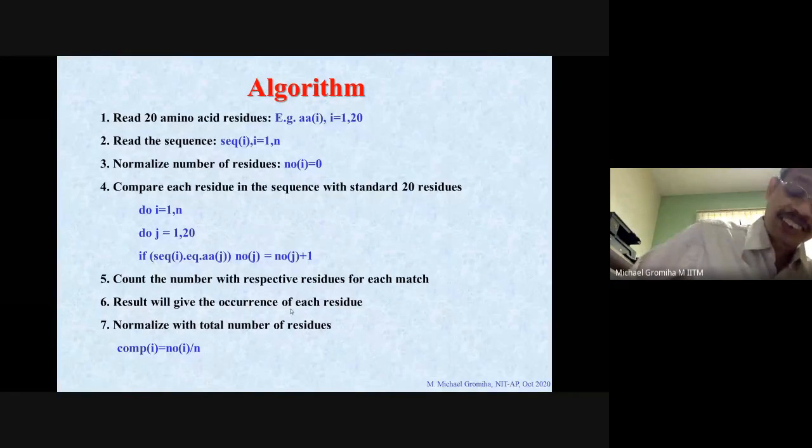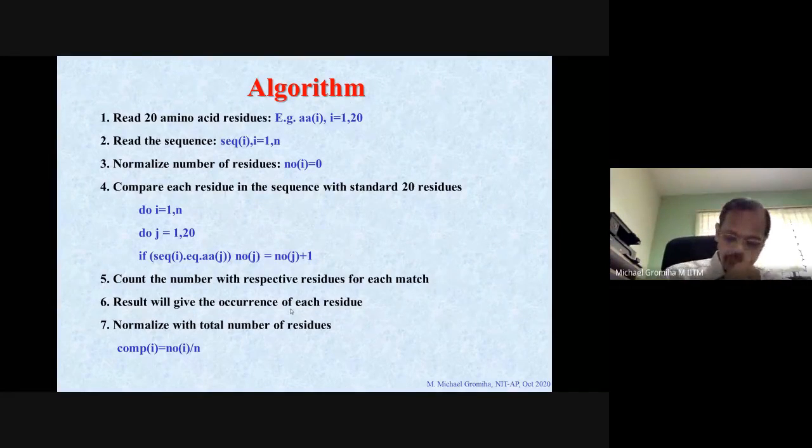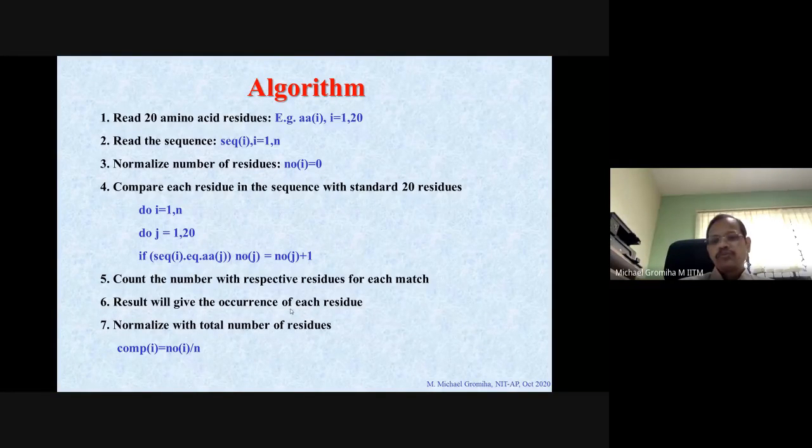So yesterday we saw the rarely occurring amino acids. What are rarely occurring amino acids in the UniProt database? Tyrosine, not exactly tyrosine, but close to that. Tyrosine is relatively less. What are the other two rarely occurring amino acids?